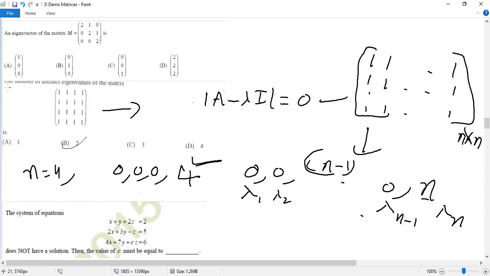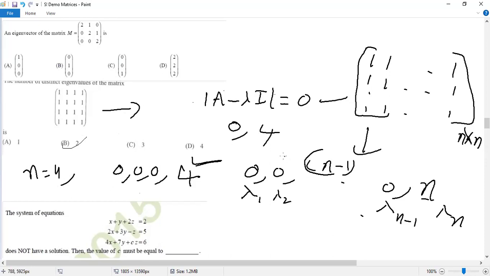Look at the question: number of distinct eigenvalues. How many eigenvalues are there? 4, because it is 4 by 4. How many zeros? 3. How many non-zero? 1. But how many distinct? One eigenvalue is 0, one eigenvalue is 4.